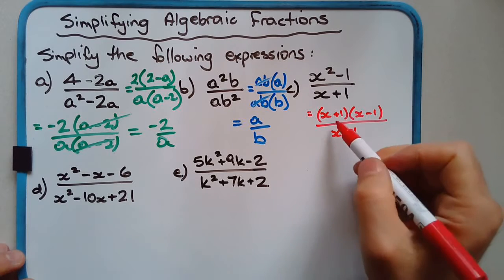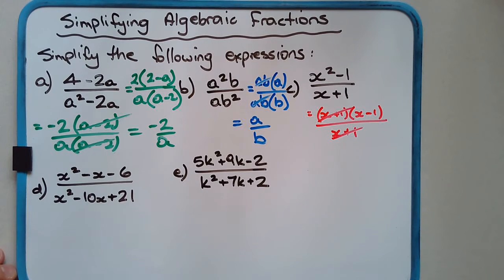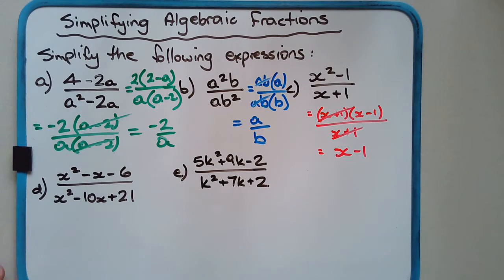So we have a factor in the numerator cancelling with a factor in the denominator, which are identical, and that leaves us with x minus 1. So that's a simplified version of x squared minus 1 over x plus 1.